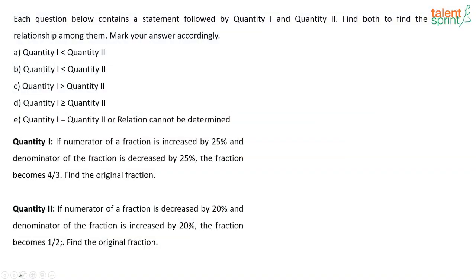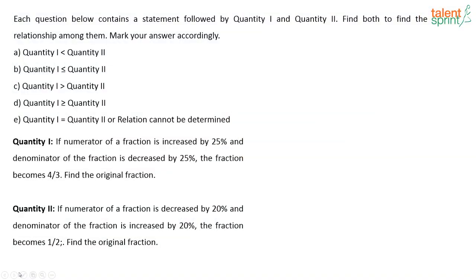I tell this in my sessions: when it is a question on data sufficiency, you don't have to solve and find out the exact answer. You just need to know whether the given information is enough to arrive at the answer. But when it comes to questions on comparisons, you have to find out the exact answer in both cases, quantity 1 and quantity 2.